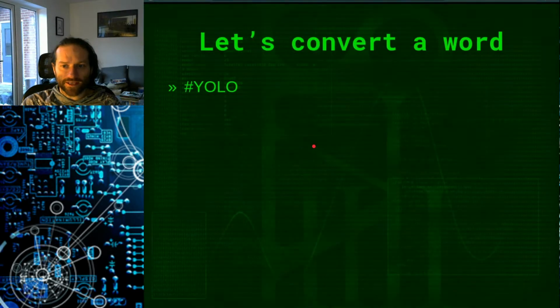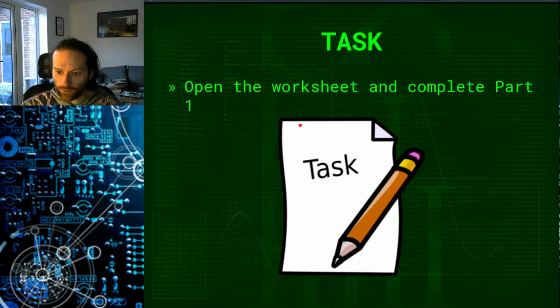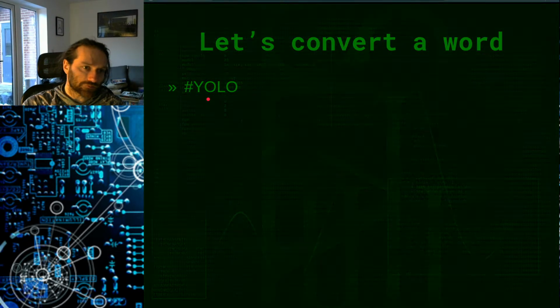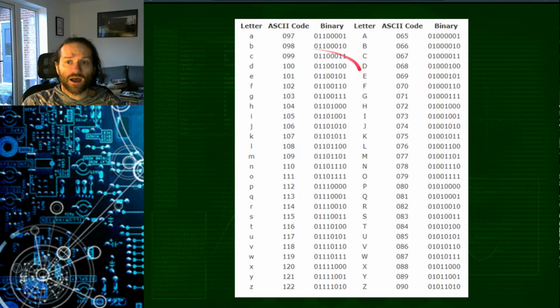And when we store things in binary, what we do is we convert these codes to whatever character is mapped against it in the ASCII table. Let's do a quick example.